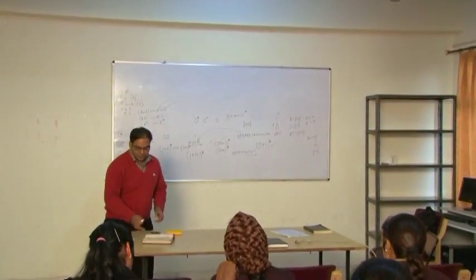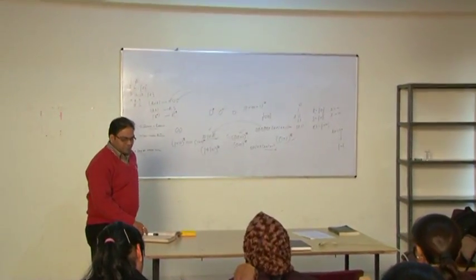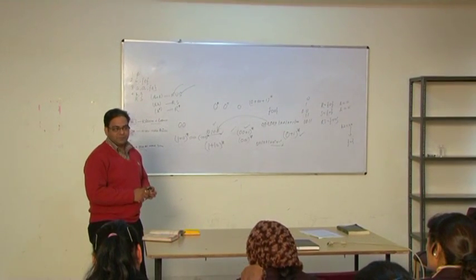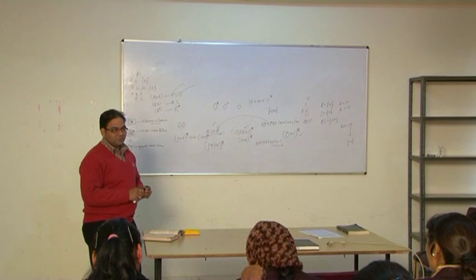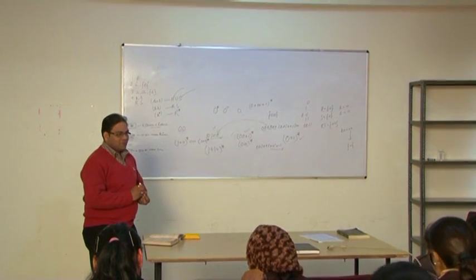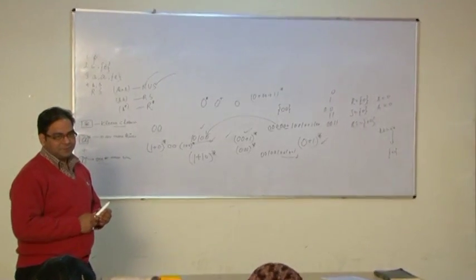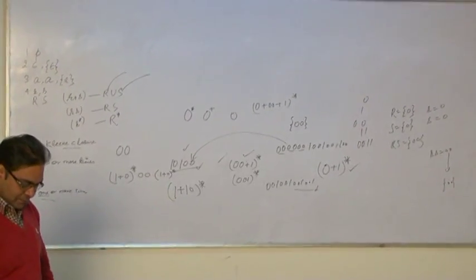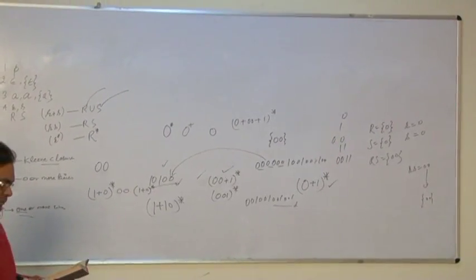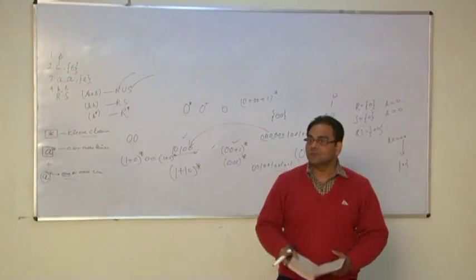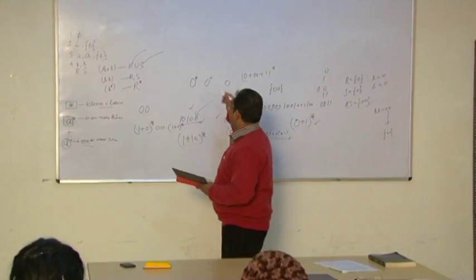Okay, so try this one. 0 1 plus 1 0 1 0 1 0 1 plus 1. What else? Small extension of the previous one. 0 1 plus 1 0 plus 0 1 0 1 0 plus 1.